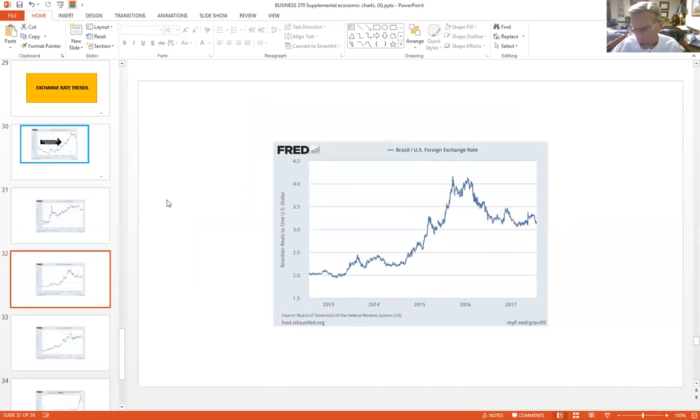Here is Brazil. You can see that the US dollar could buy fewer Brazilian reals in 2017 than way back in 2016 or 2015. And so that trend reversal occurred sooner in Brazil.